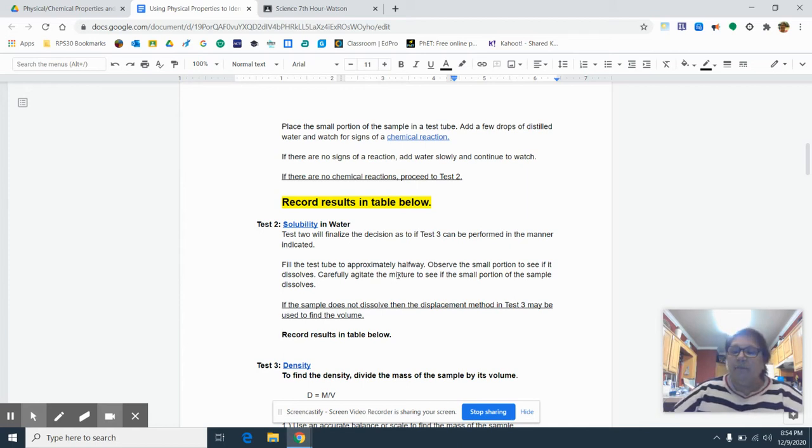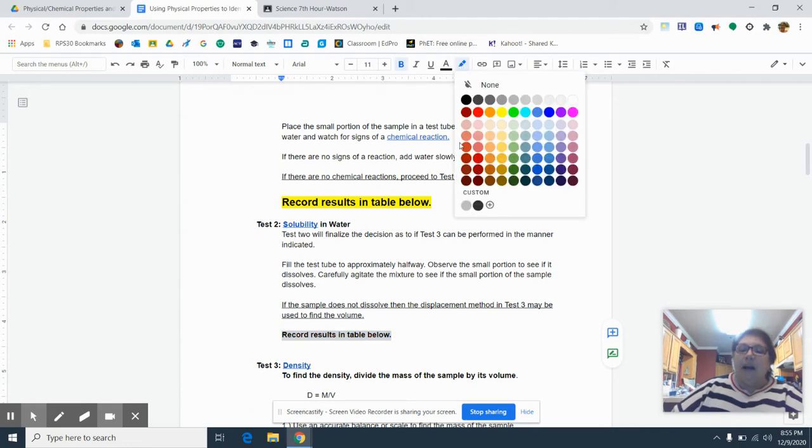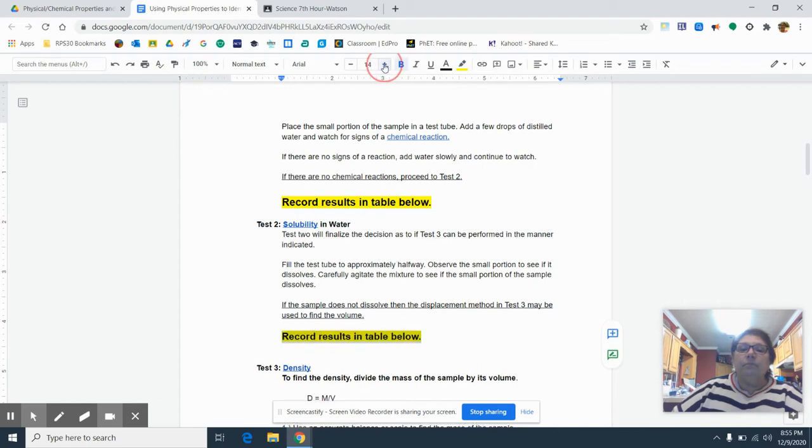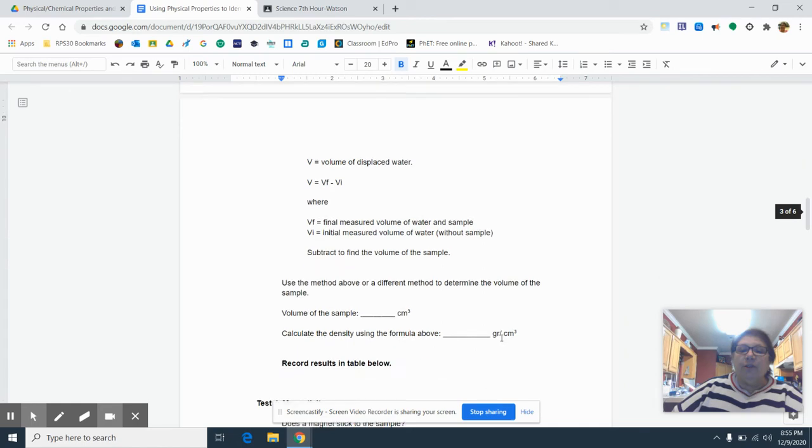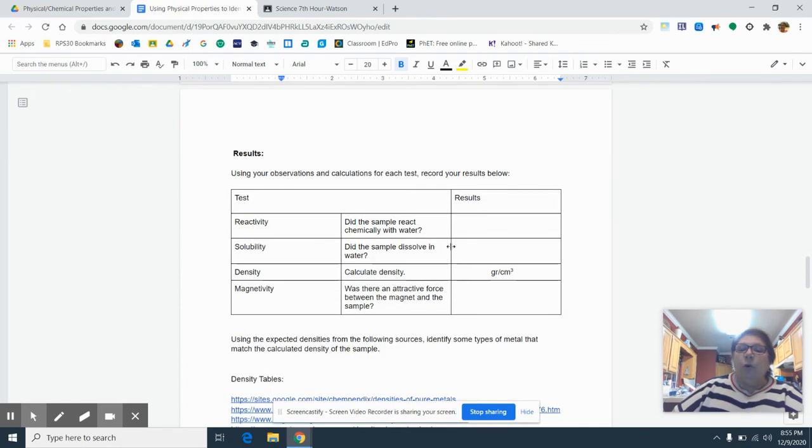That's what we're checking. If it doesn't do anything, then it's not soluble. And again, after you watch him do the test, stop the video and go down to the table and record your results.